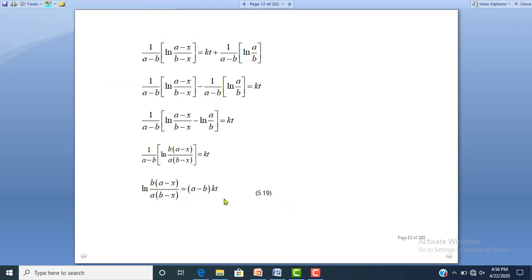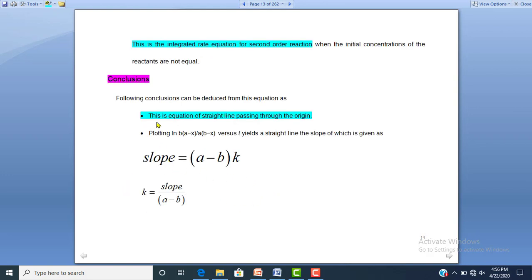This equation 5.19, what does this indicate? Number one, it indicates this is the equation of a straight line passing through the origin. And the slope of this straight line will be equal to a minus b into k. And the rate constant k will be equal to slope over a minus b.